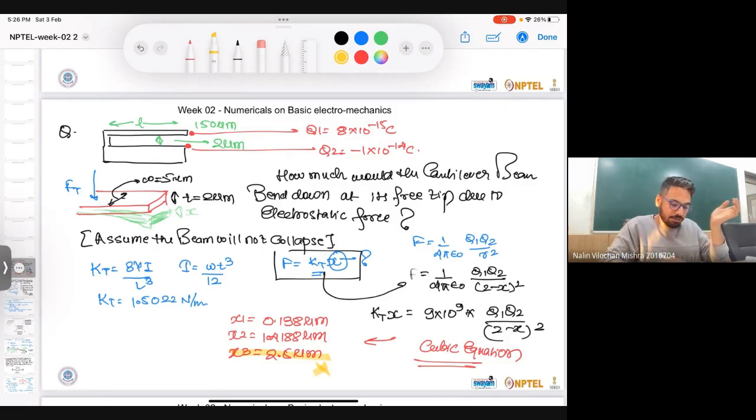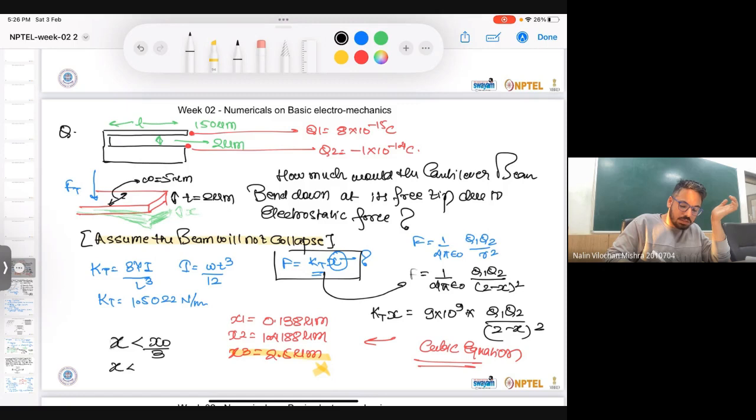Also, we have written somewhere that you need to assume the beam will not collapse. For the second value, we have this condition: x should be less than x naught by 3.